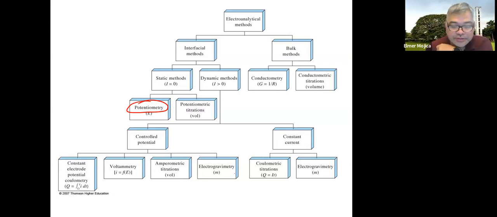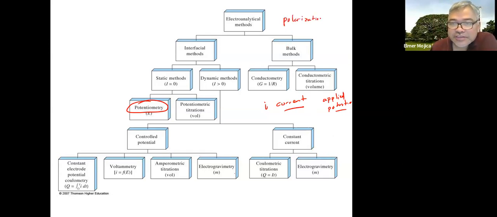Okay, so when we're talking about voltammetry, this is just a group of electroanalytical methods in which the information about the analyte is obtained by measuring the current as a function of applied potential. And in doing so, you must have conditions that promote what? Polarization. You still remember this process of polarization?